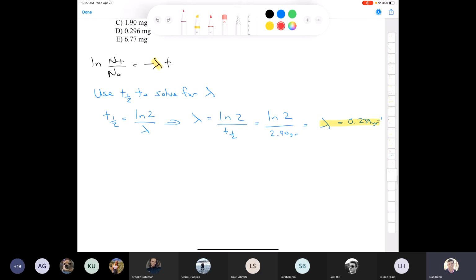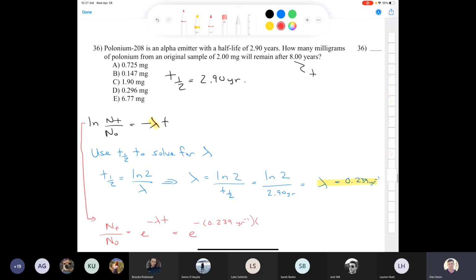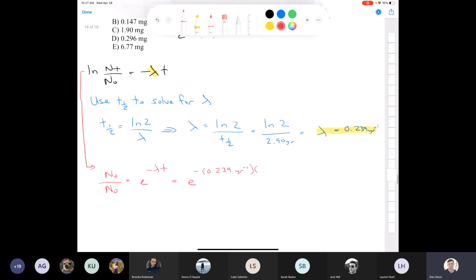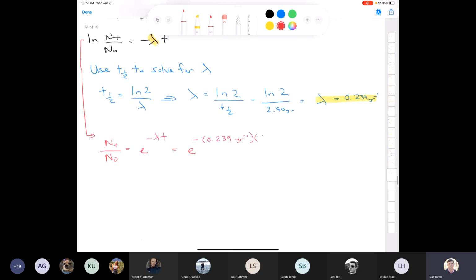I'm going to rearrange this formula to solve for NT over N0, which is going to be equal to e to the power of negative lambda times T, which is equal to e to the power of negative 0.239 years to the minus 1, multiplied by the amount of time, which is 8.00 years.